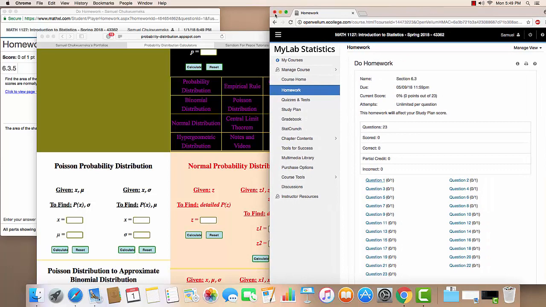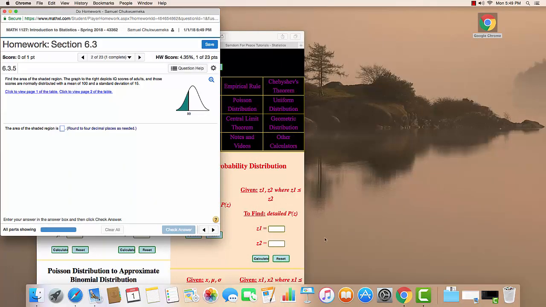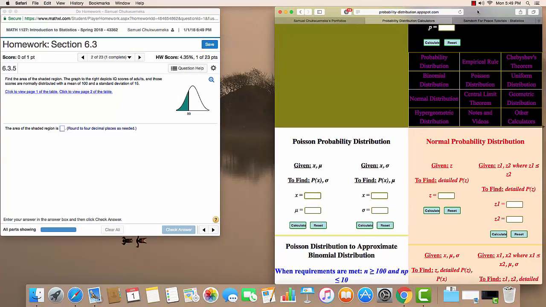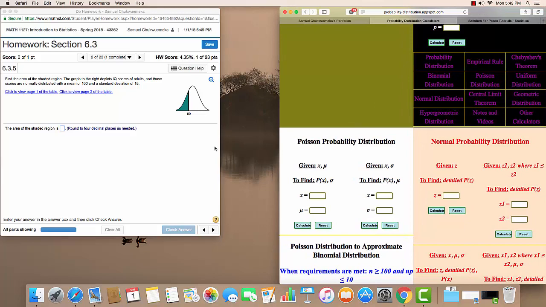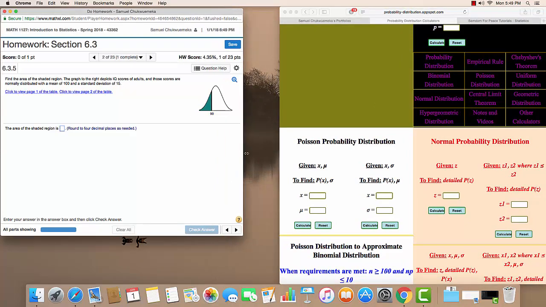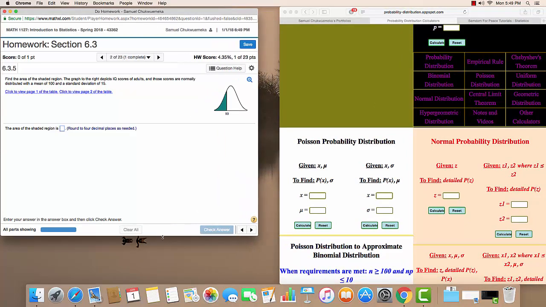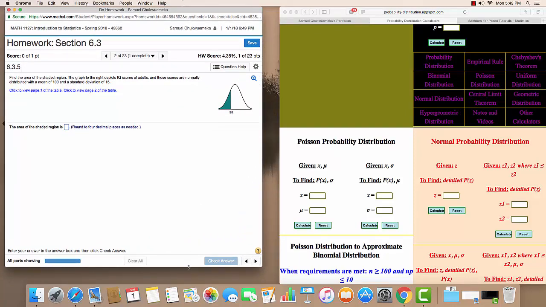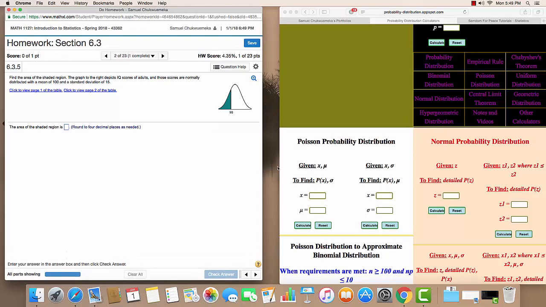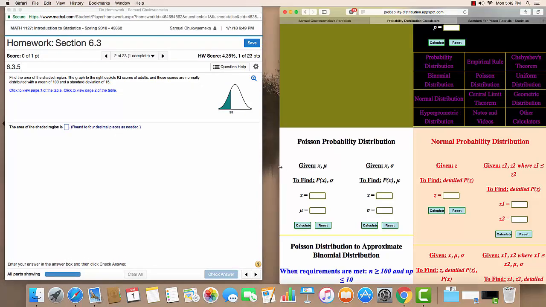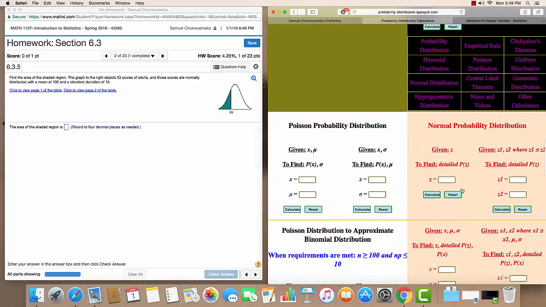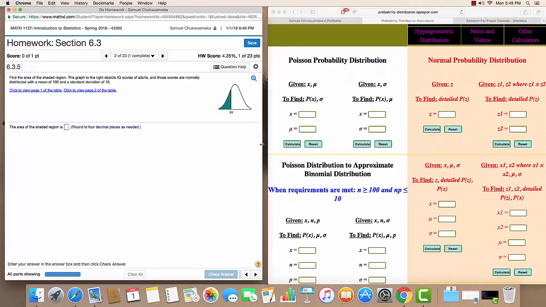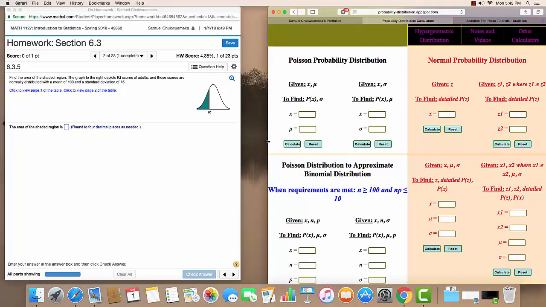Actually, I don't need that screen. So I just need these 2 screens here. I hope you can see this well.